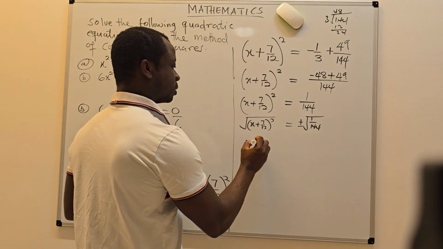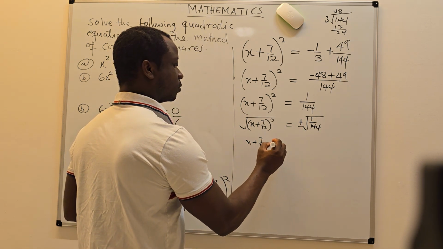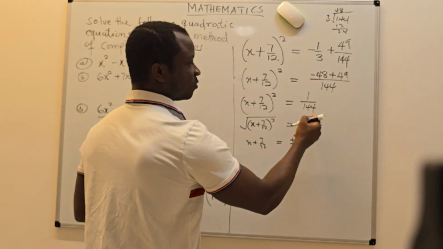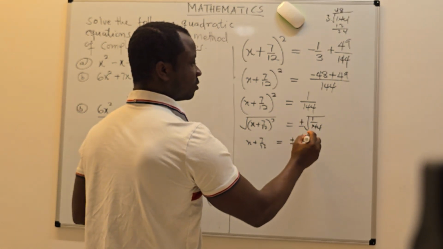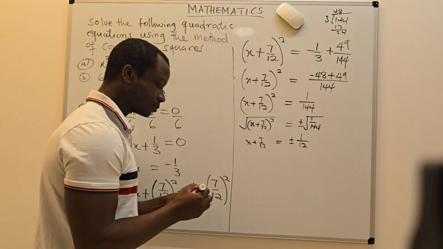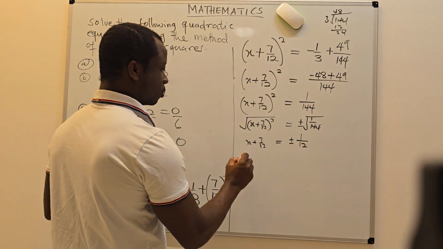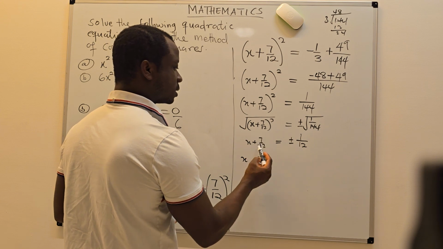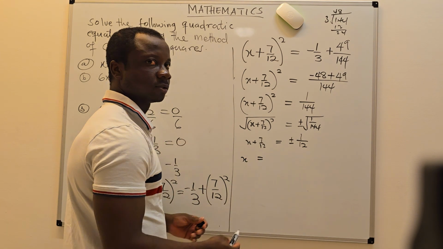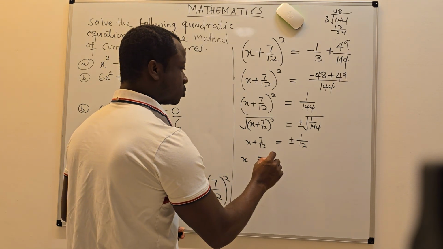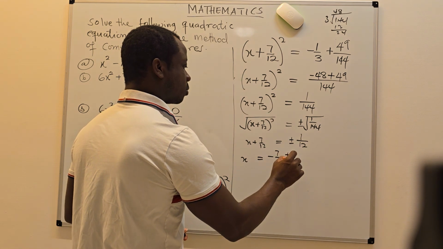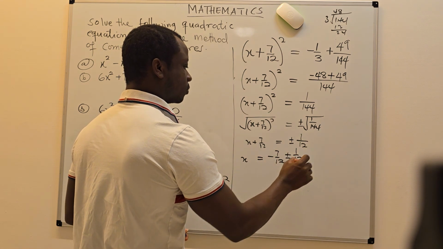Square root of 1 is 1. Square root of 144 is 12. So we have x equal to, we are going to take positive 7 over 12 to the right side of the equation, which is going to give us negative 7 over 12 plus or minus 1 over 12.